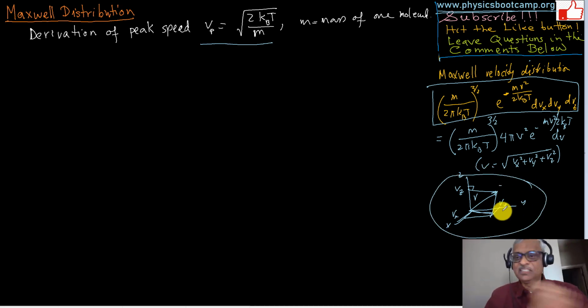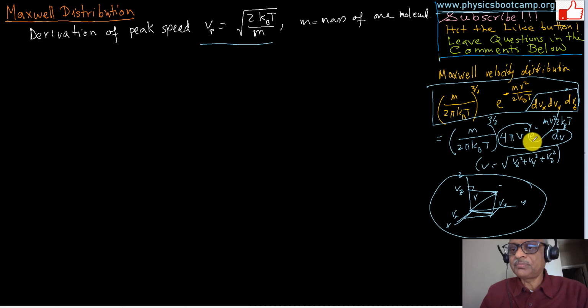That's in the velocity space, so to say, and you can convert this volume into this volume using spherical coordinates in this space, so that you can talk about speed instead of velocity.